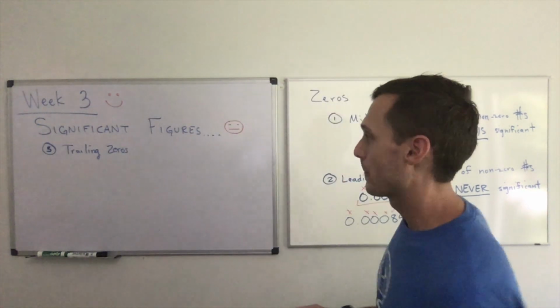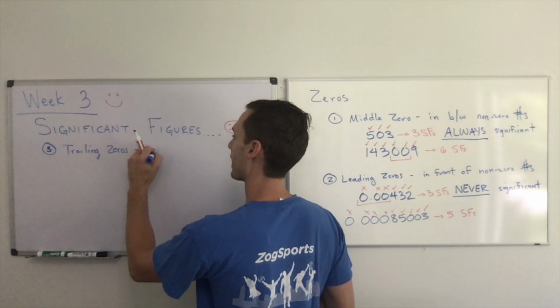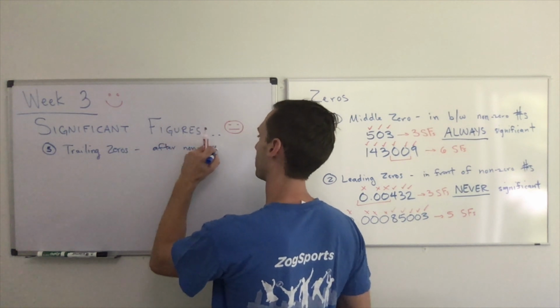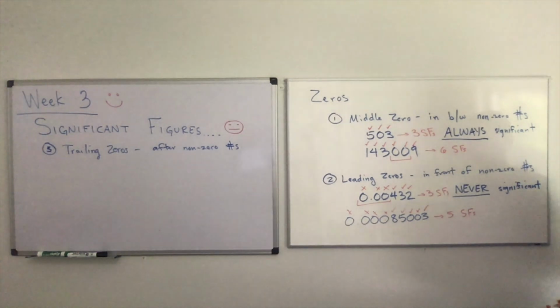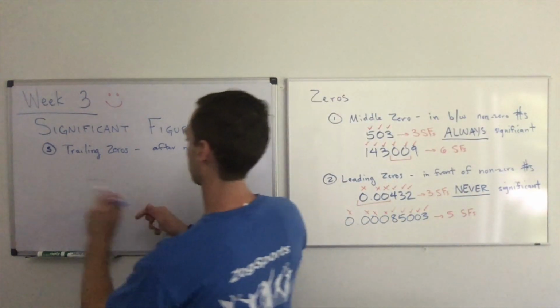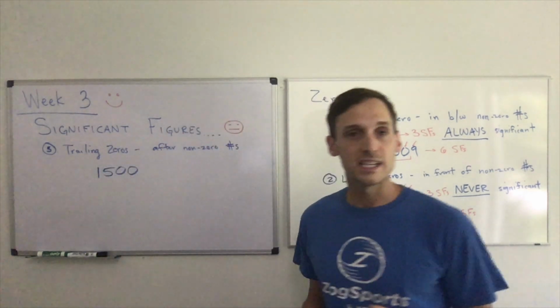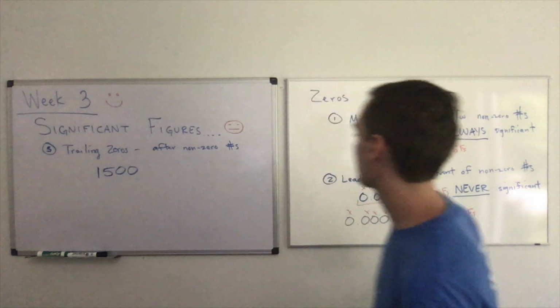Okay? So these trailing zeros are just zeros that are located after non-zero numbers. Now, let's put an example here. Let's just do something like 1500, right?